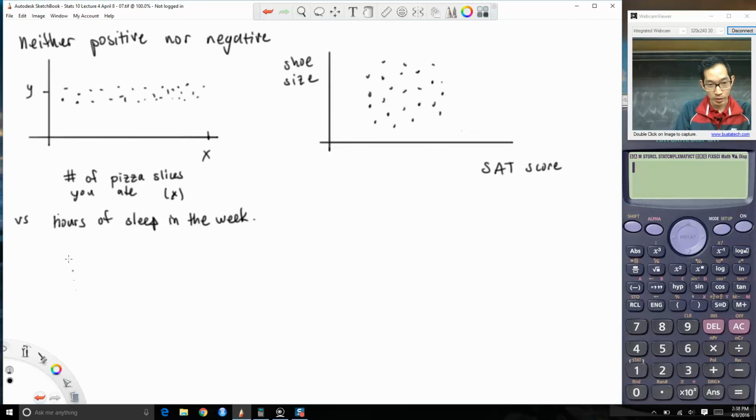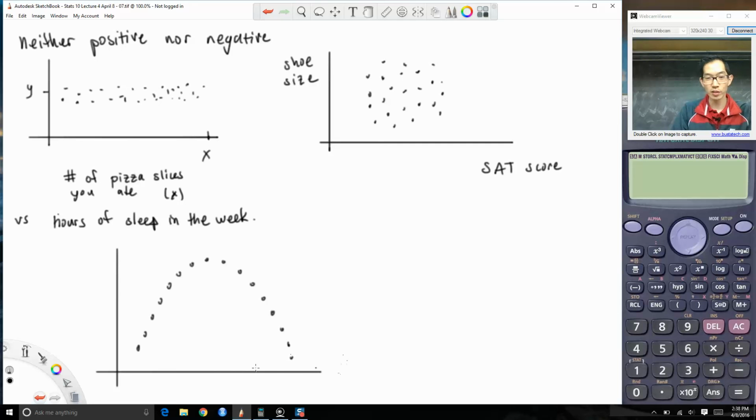Okay, or you can have something that looks like this. X could be time after liftoff, and Y could be altitude of your toy rocket.